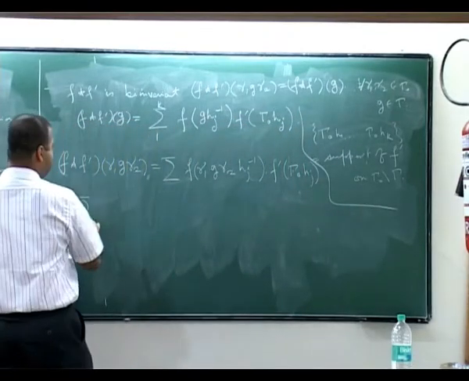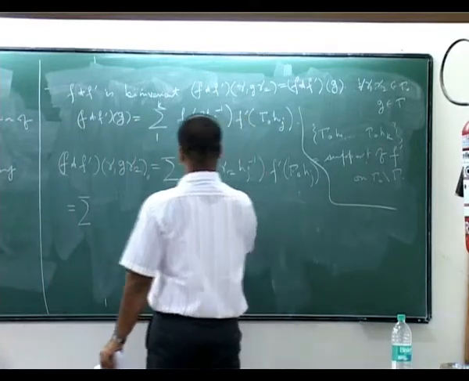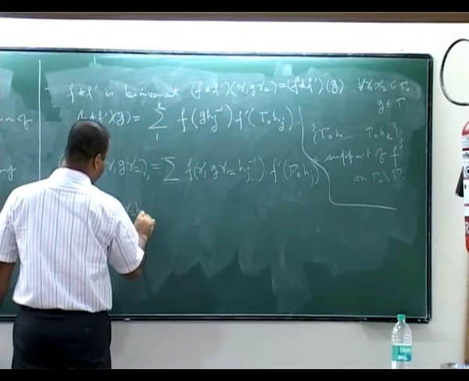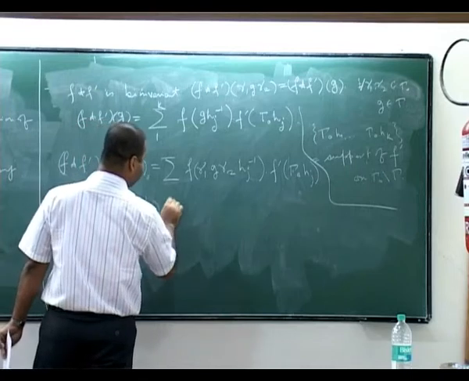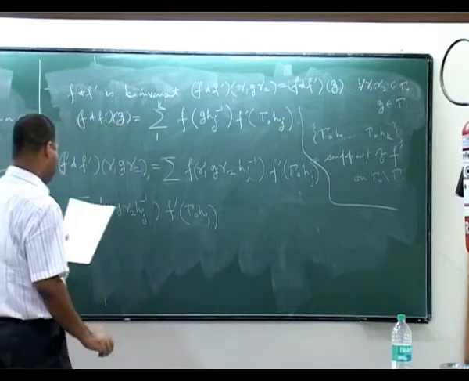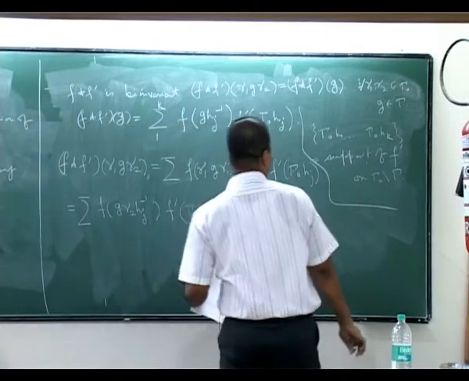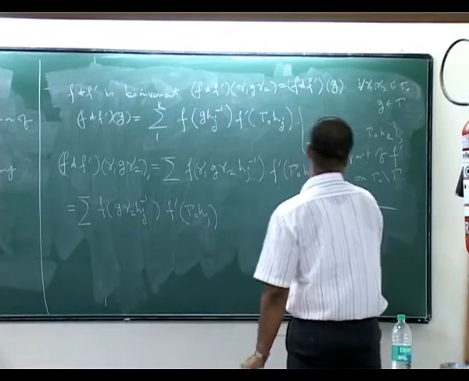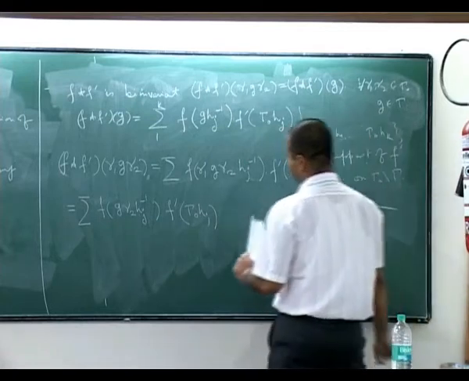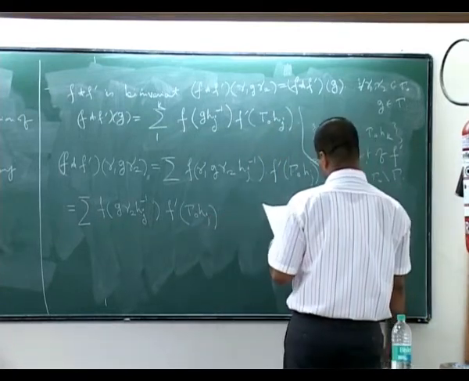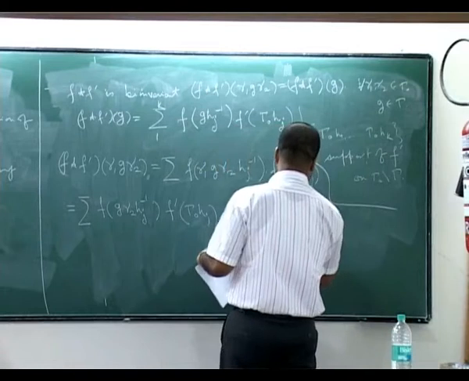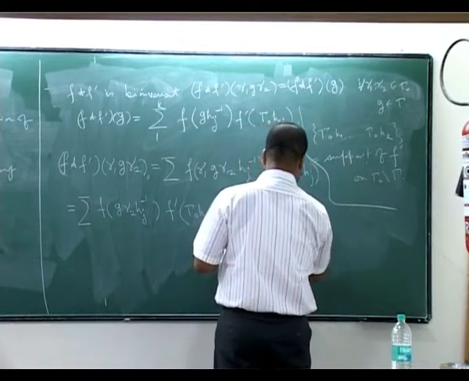So this is the same as, since f is bi-invariant, I can forget this gamma 1: f of g gamma 2 hj inverse times f prime of gamma naught hj. Now observe that gamma naught acts on this from this side, through gamma 2 inverse.